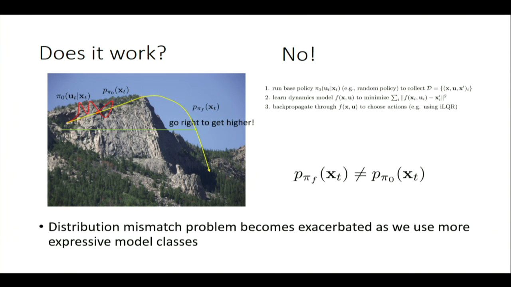So in that case, your model class is restricted, and you usually assume that for some setting of those values, the model is a very good model of the real world, and you just have to fit those values. But if your model is very expressive, there are many other possible ways it could explain the data you observe from p pi 0, and many of those ways will not be an accurate reflection of the data from p pi f.